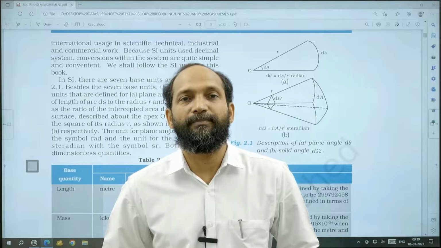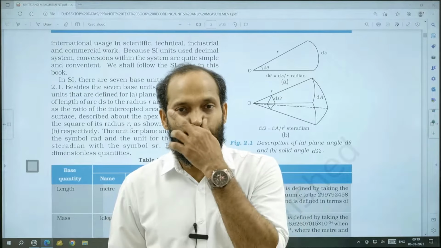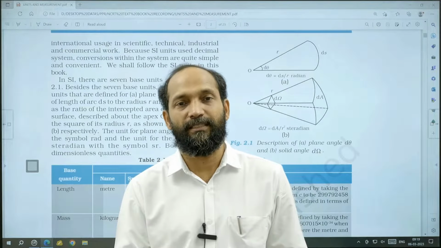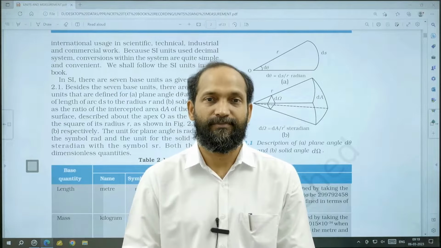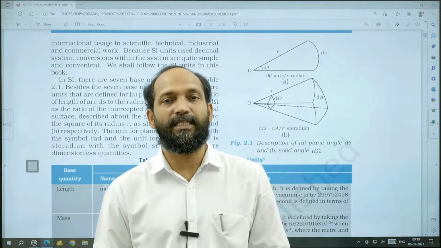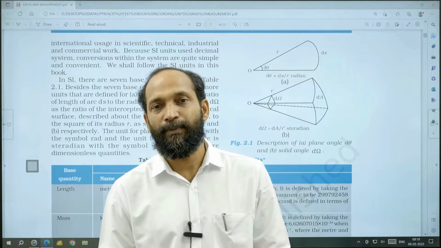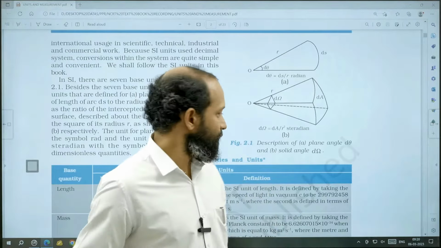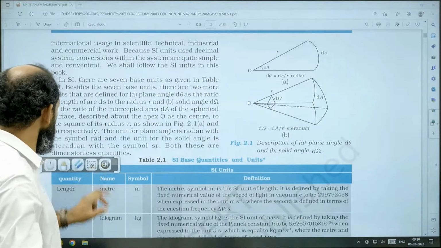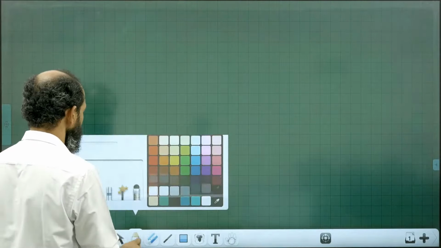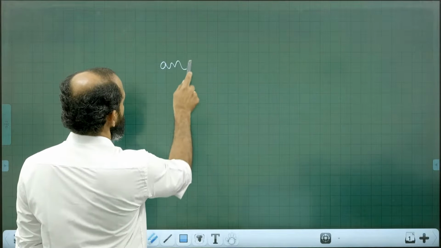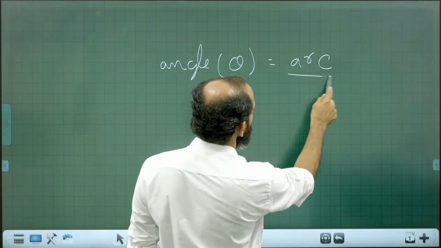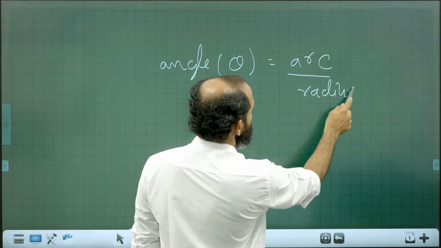What is plane angle? Plane angle is the angle subtended by an arc of finite length at the center of the arc. Plane angle subtended at the center of a semicircle is pi radian. Its SI unit is radian. The equation we use is angle equals arc divided by radius, so theta is equal to arc length divided by radius.